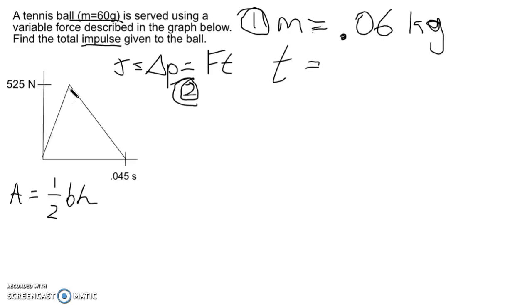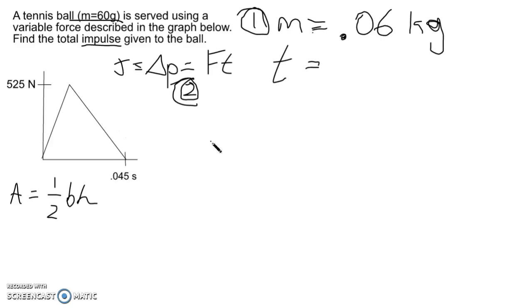Another way you could do this is to realize that we're looking for the average force, and since this is just a straight line, you could take the final amount and the initial, add them and divide by 2. That's how you find averages. It's the same concept, you can just understand it in multiple ways.